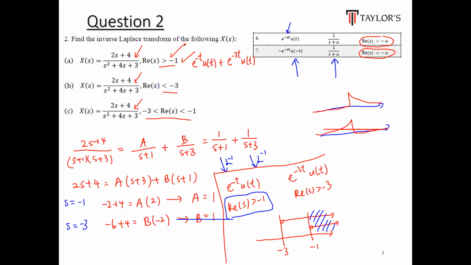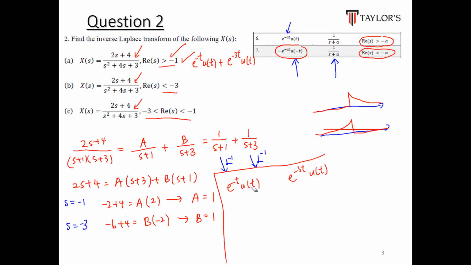Now, if you look at the second question, the B, it must be less than negative 3. So if it's less than, then it should be a negative number. Now let us see if it's satisfied. If I have a negative number and negative t, my real part of s must be smaller than negative 1.